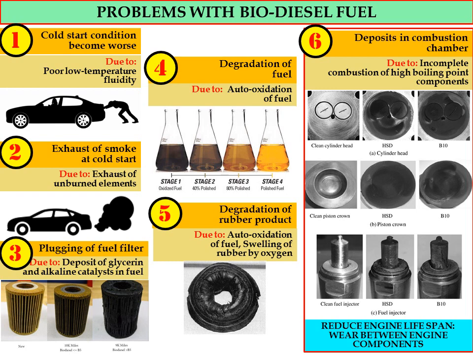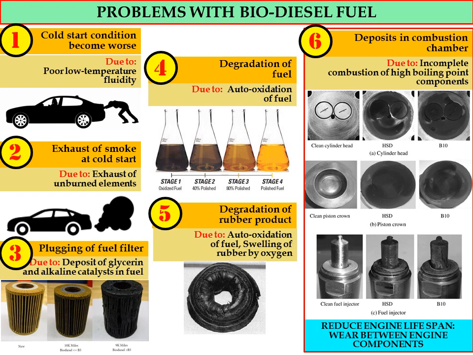For these three types of figures, the first photo shows the clean cylinder head, clean piston crown, and also clean fuel injector. The second photo shows the cylinder head, piston crown, and fuel injector condition in terms of deposit formation when the engine uses high sulfur diesel fuel.